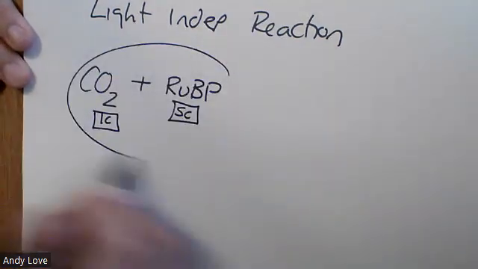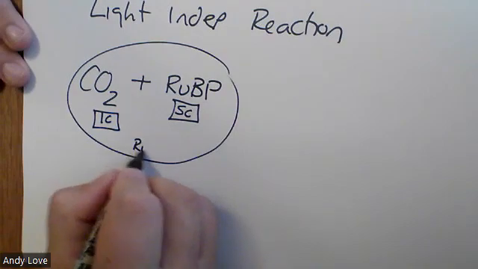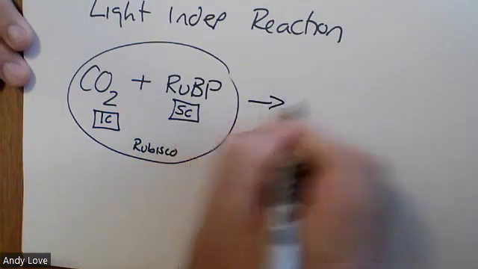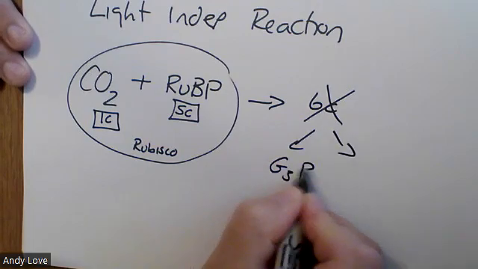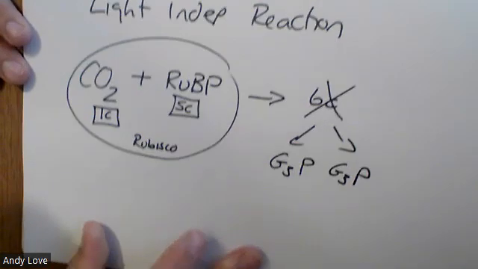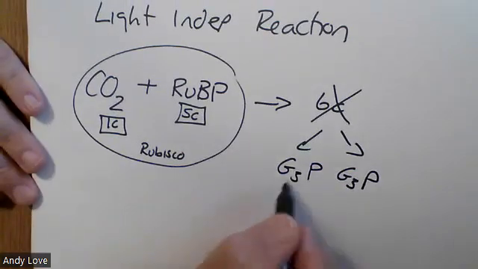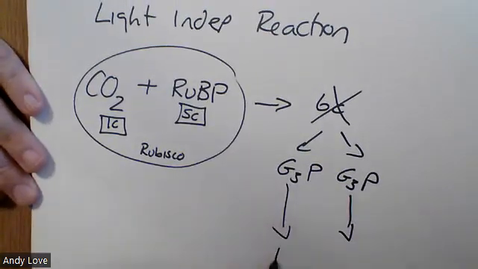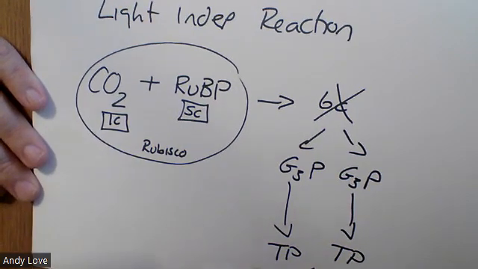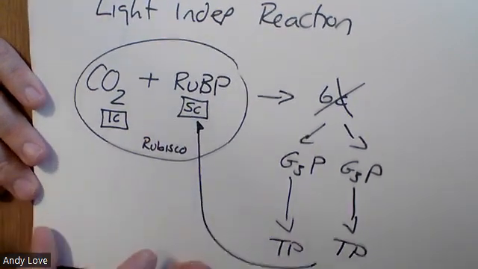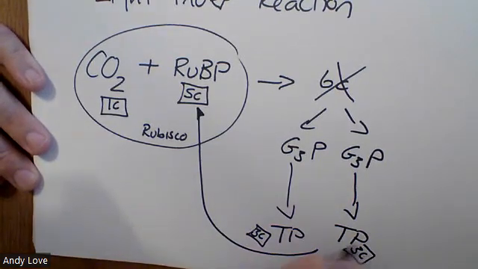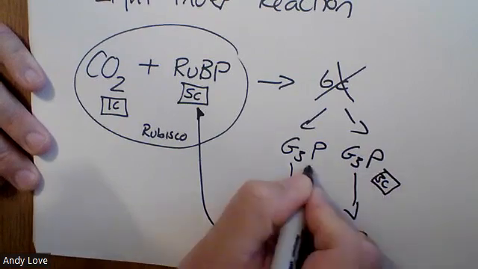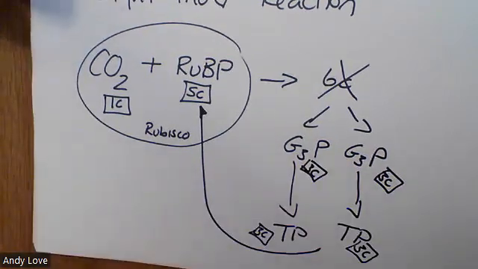With the help of Rubisco, which is catalyzing it, you get the unstable 6 carbon that nobody talks about, and then that breaks down into 2 molecules of G3P. You know that G3P is reduced to TP, and you know that TP is used to regenerate RUBP. TP's got 3C, G3P 3C. So you all know that, okay?